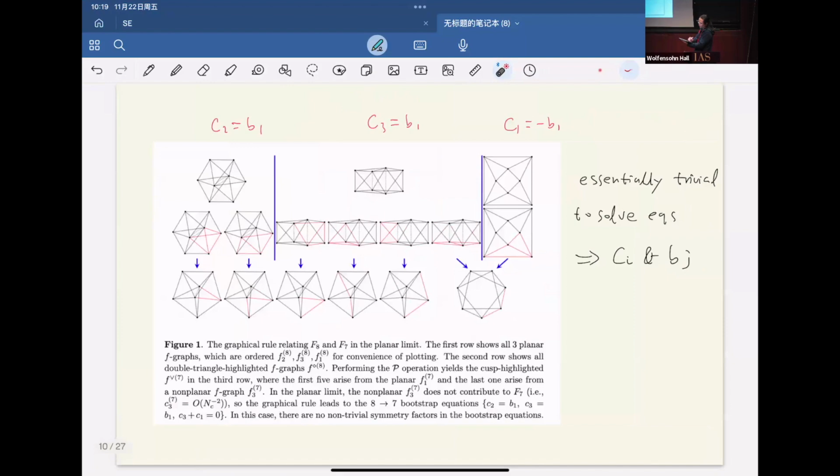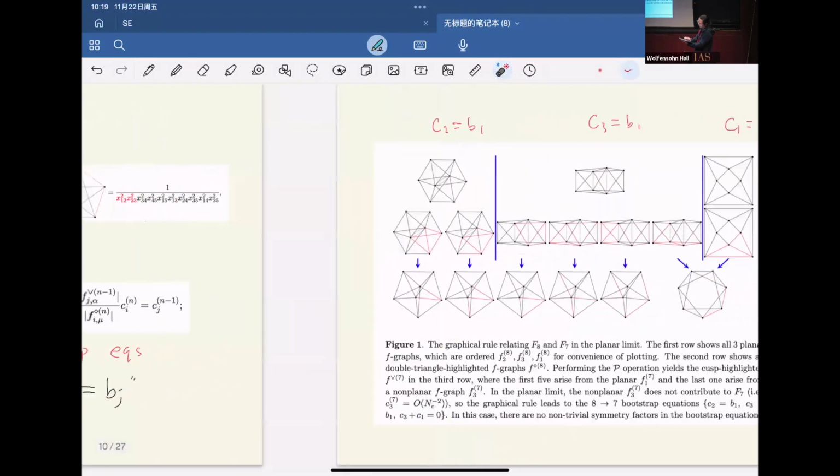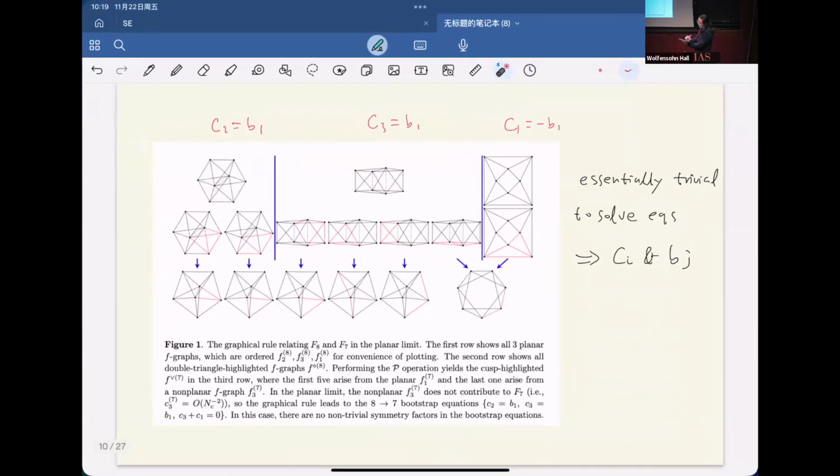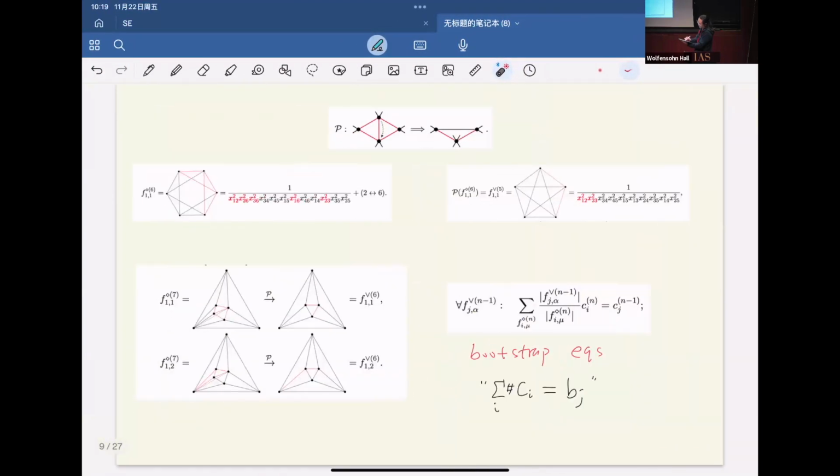The equation is just saying the sum of all the n-point graphs that have double triangle structure, when they reduce to this cusp, on the right-hand side, the n-1 point graph has only one. So the sum of the coefficients of the n-point graphs should reduce to the coefficient of the n-1 point graph.